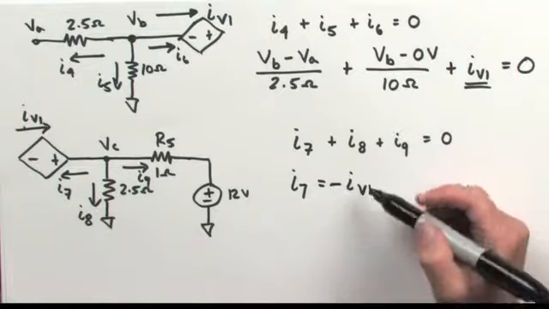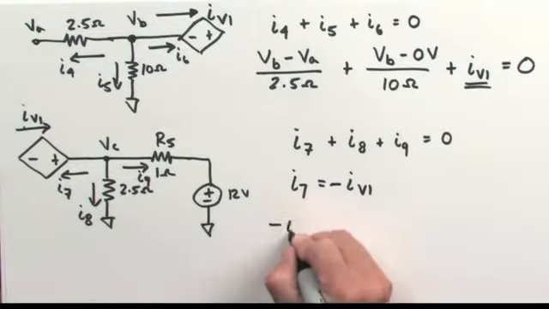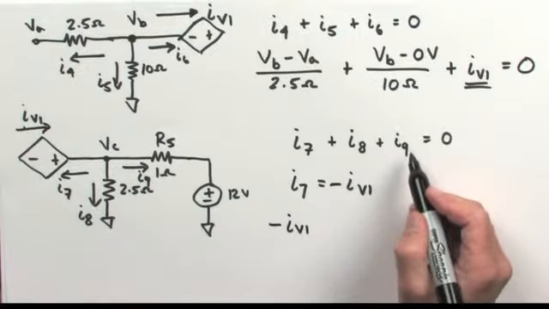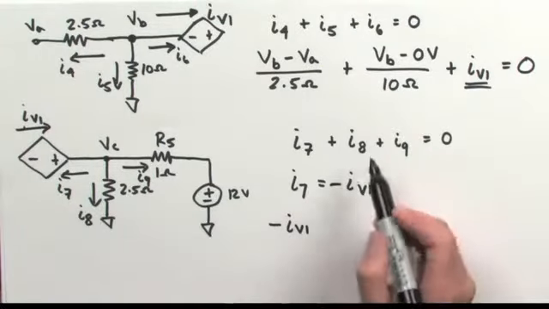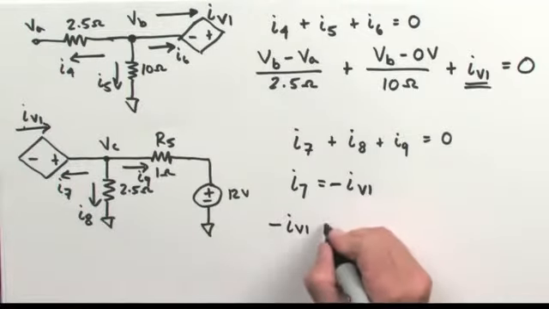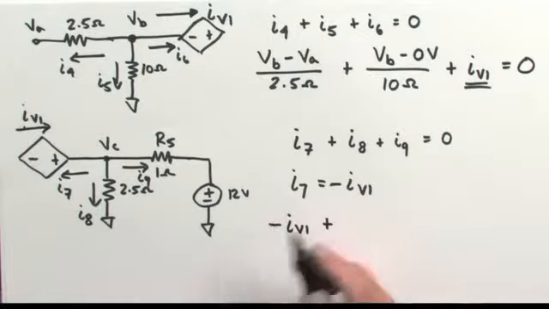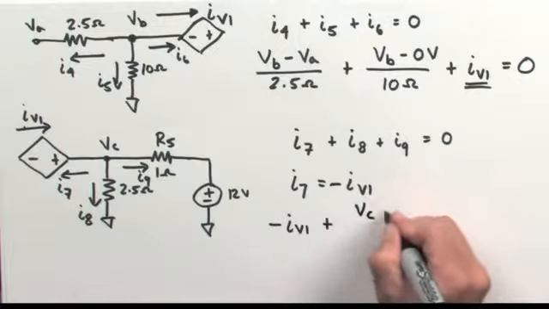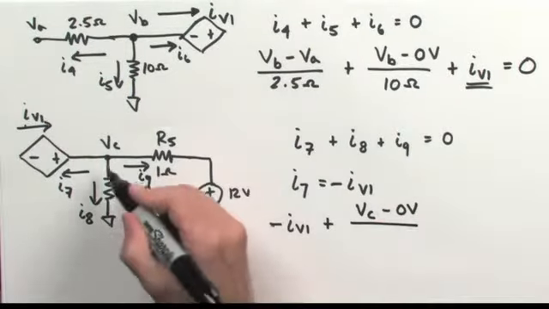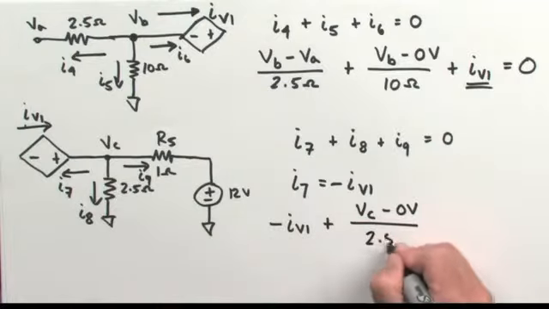All right? I'm going to include that in the equation, and then I'm going to invoke Ohm's law yet again to determine how much current flows through this path as well as this path. So through path 8, it's going to be the voltage at node C minus the reference voltage, which is 0 volts, divided by the resistance of the path, 2.5 ohms.